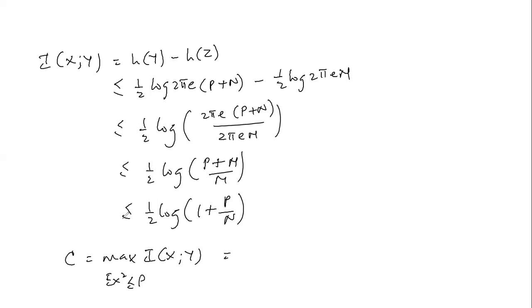And so the maximum value would be when we have equality. So this would be half log (1 plus P over N). Now you should be used to something like this, okay?